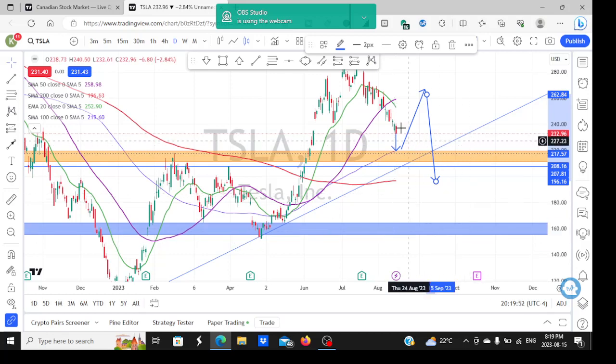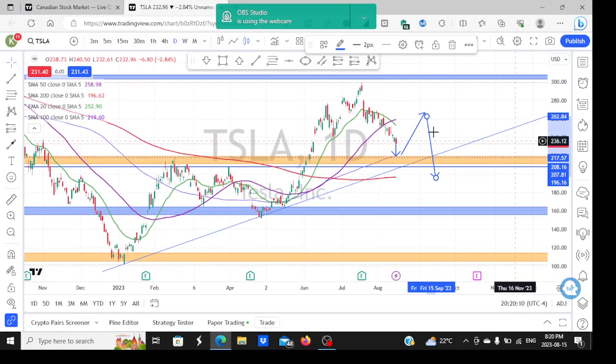So for now we're doing sell on Tesla until it gets to this key level and then expecting it to bounce, like a pullback and then hit a level. It can come all the way up here and then reverse.